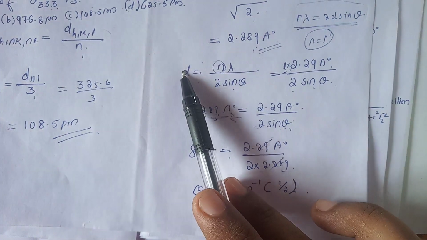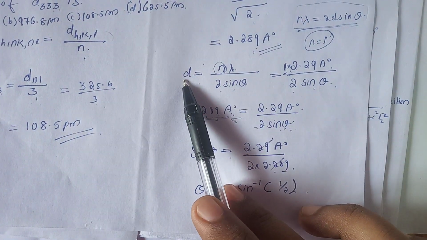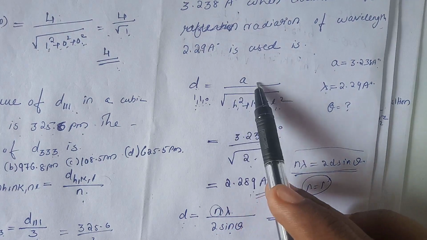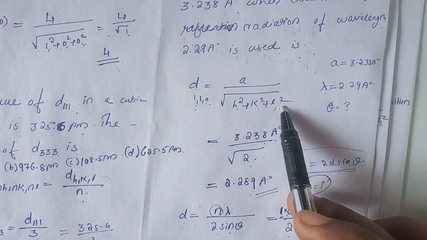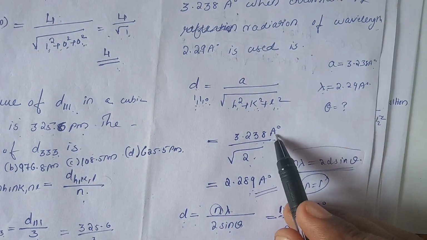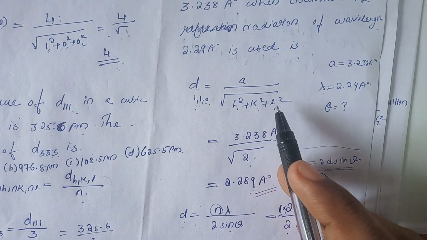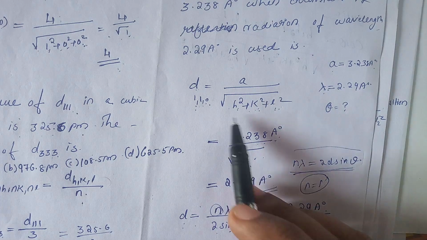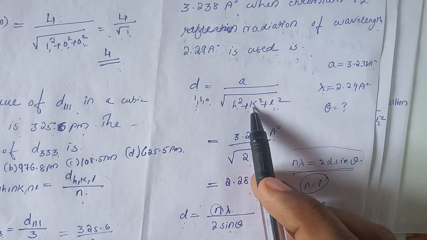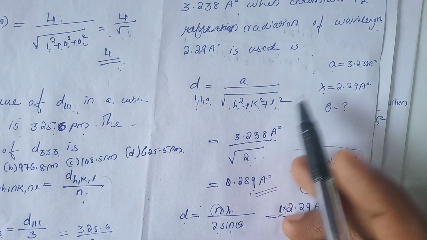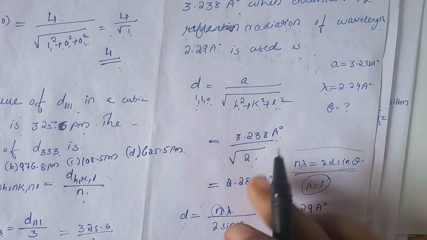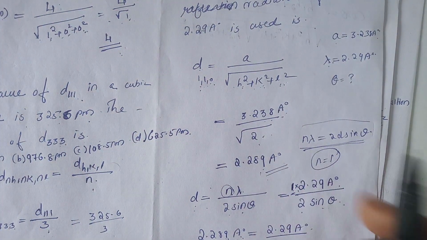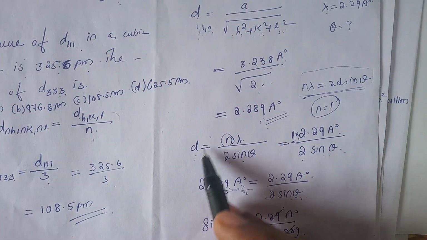But d is not given, so d has to be found from the equation. d110 equal to a by root h square plus k square plus l square. a is given, and substituting the Miller indices, 3.238 angstrom divided by root 1 square plus 1 square and 0 square, so root 2. By solving we get 2.289 angstrom, and from here we get d.